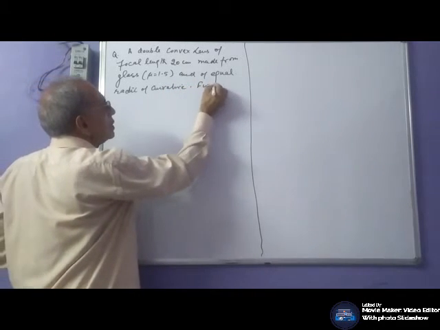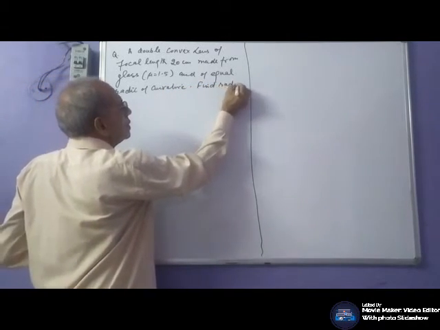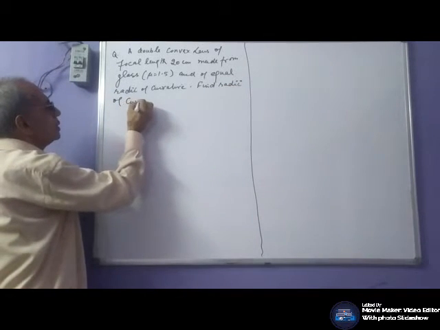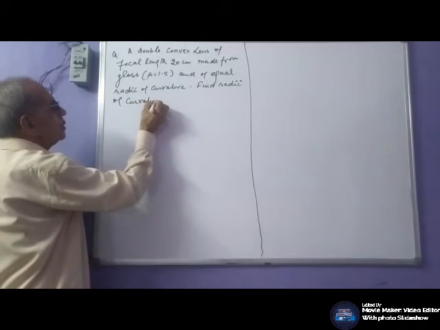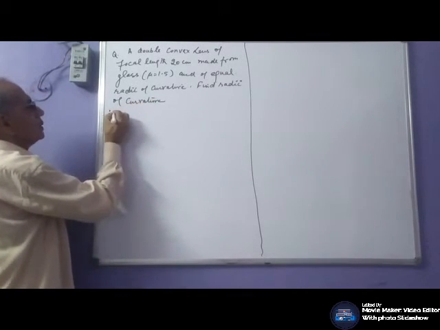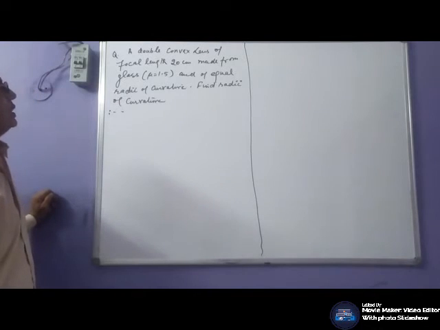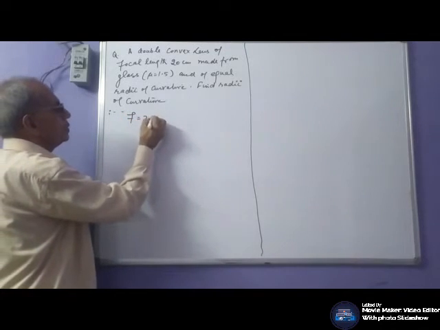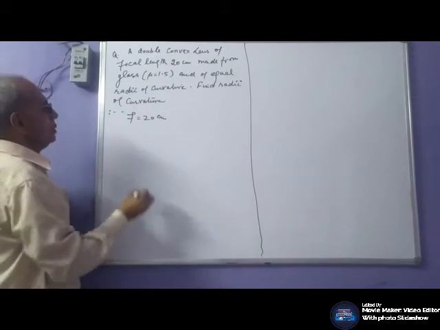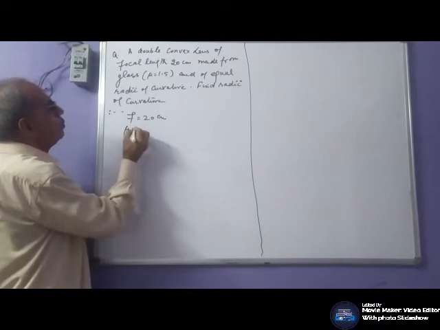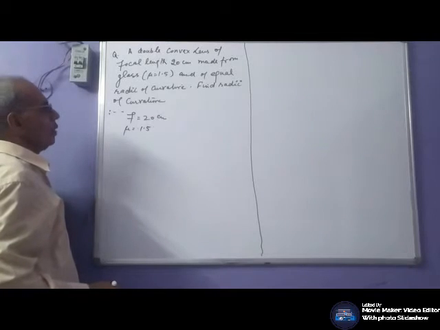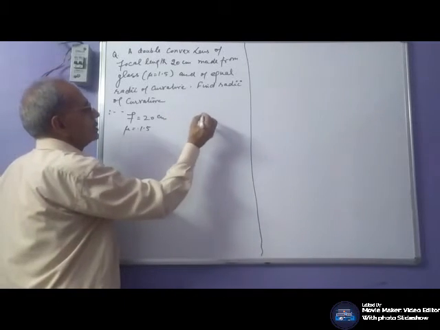Find the radii of curvature. This is a numerical. A double convex lens of focal length 20 centimeter. Convex, so focal length positive, mu 1.5, of equal radii of curvature.